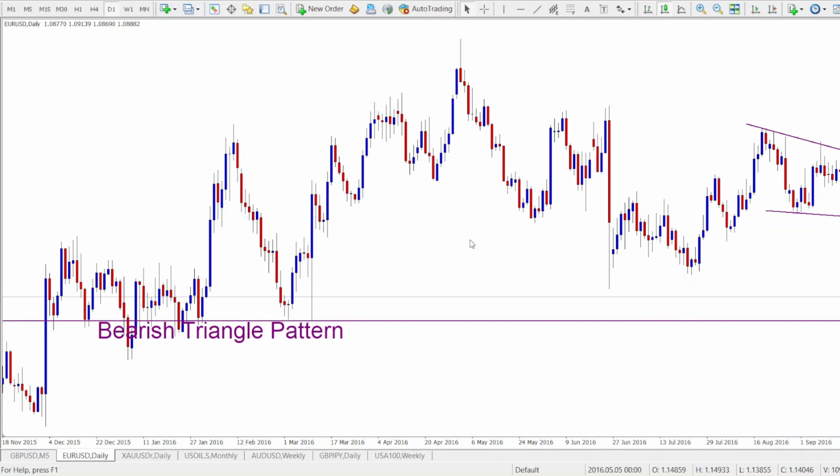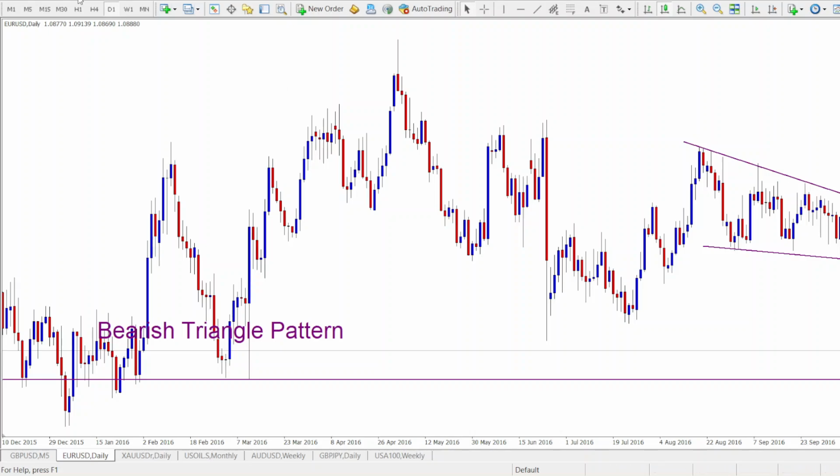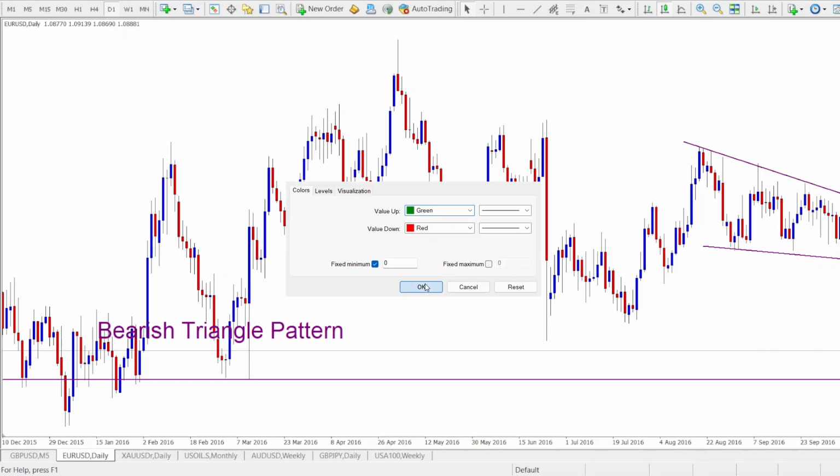So when you have a decrease in trading volume, let us add on the volume indicator. The volume indicator is going to come in handy here.